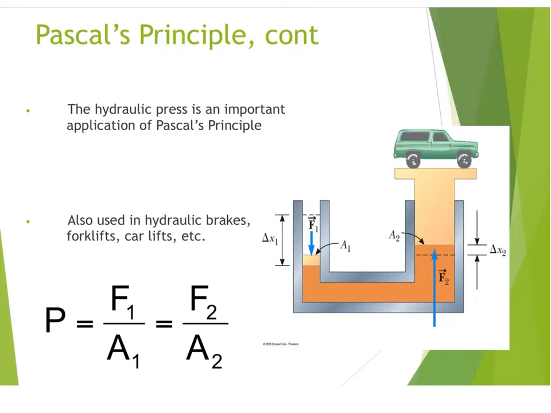Similarly, the pressure at the second piston will equal the second force divided by the area of the second piston. And since the pressure is transmitted equally throughout the fluid, we can come up with a formula known as Pascal's principle, where our initial force and area will equal our second piston force and area.